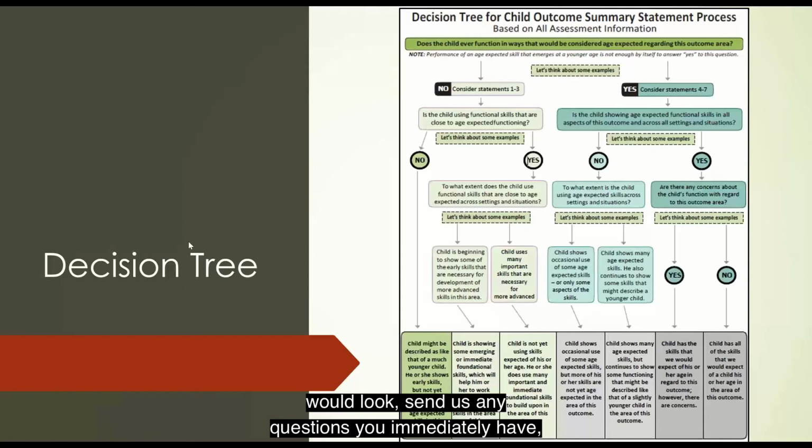Send us any questions you immediately have, and then use any extra time to take a break, let the dogs out, use the restroom, get some more coffee, whatever you need. While doing so, think about each step of this flow chart, how it leads to using this decision tree with the family, and how it can fit into your team's process. So we'll give you about 10 minutes.